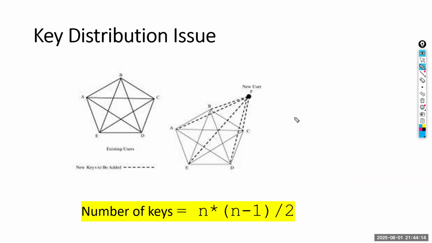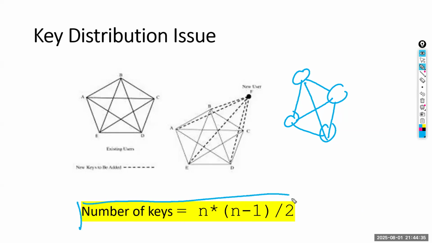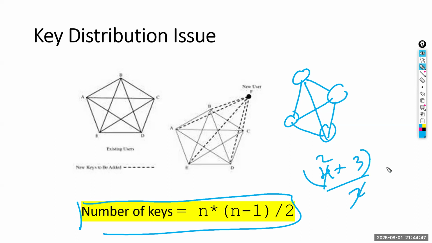What about if you have three parties and they want to communicate with each other? Three keys. Four parties: one, two, three, four, five, six keys. Likewise, keep going, right? This is the formula. This formula you need to remember. The number of keys if you have four parties communicating with each other: N is 4. 4 into 4 minus 1, which is 3, divided by 2, gives 6 keys.